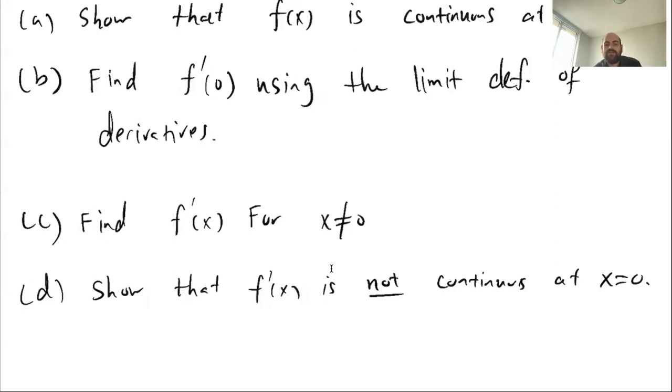So the function is continuous, f prime of 0 exists, but f prime of x is not continuous and therefore not differentiable at 0. Therefore, f double prime of 0 does not exist, meaning that the function is not twice differentiable at 0. Okay, so this is an explanation about this exercise, but please make sure you do all parts.